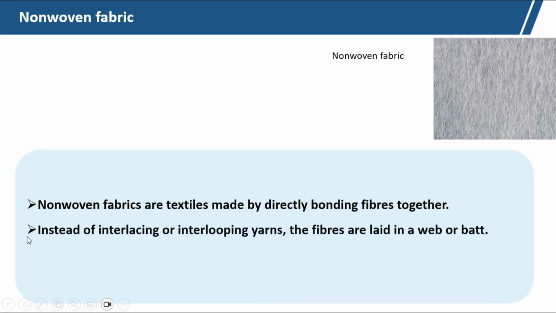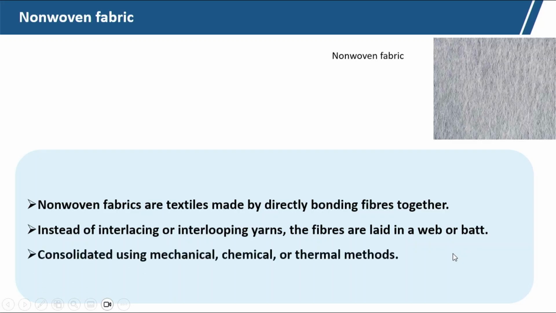So, instead of interlacing or interlooping yarns, the fibers are laid in the web or bat form directly, which is consolidated using mechanical, chemical or thermal methods. These fibers are consolidated by mechanical method, or chemical bonding is also there, or thermal bonding.